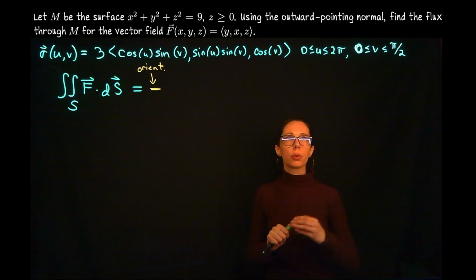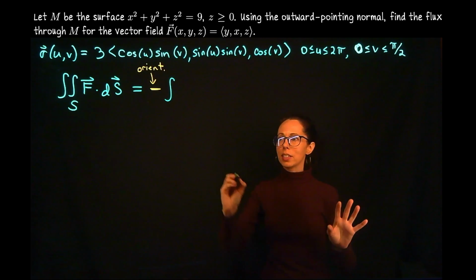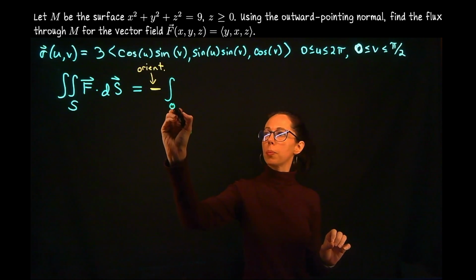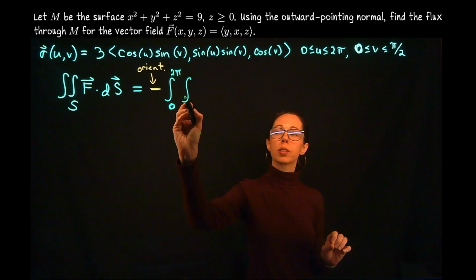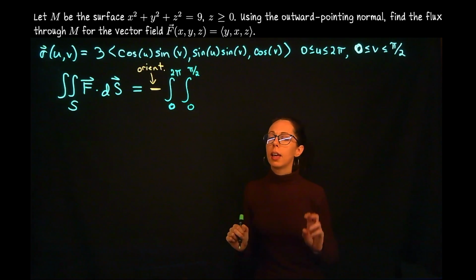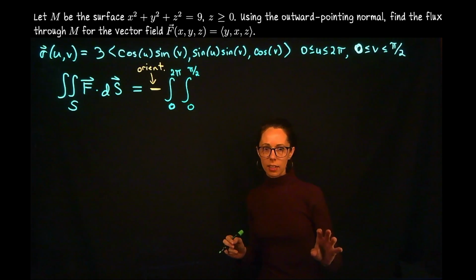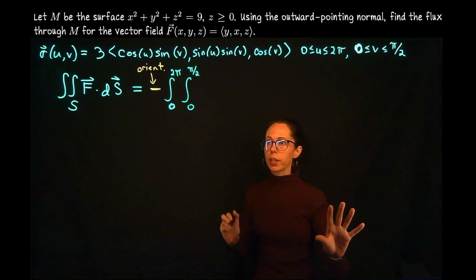Now I'm going to integrate with respect to these bounds. I don't think there's any reason here to order them a certain way. So we'll go from 0 to 2 pi and from 0 to pi over 2, F dot n du dv. That was the computation I left you with over here.